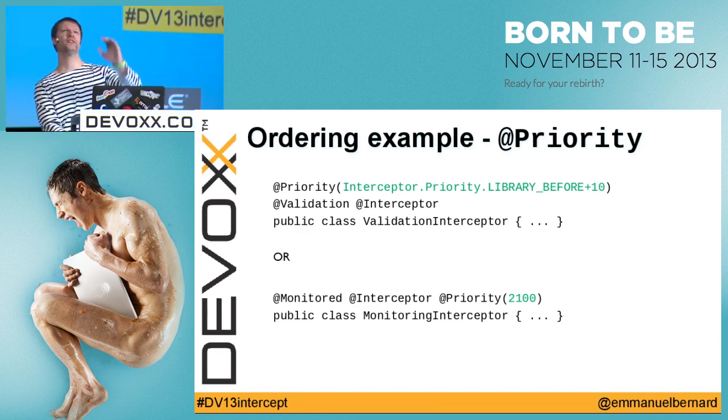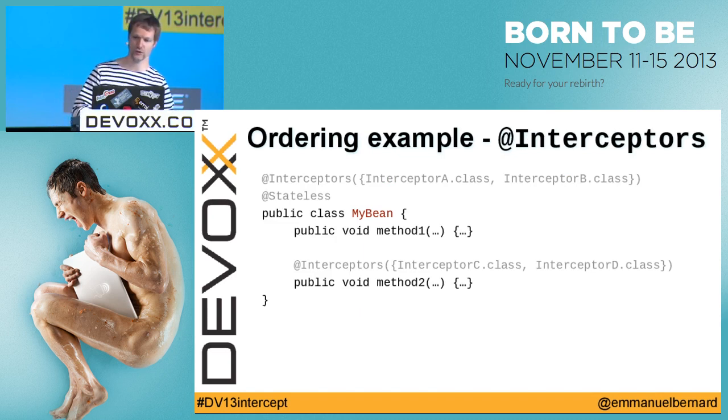So priority is one way to order interceptors when they are using interceptor binding annotations. The other approach you can use, and have been able to use for a long time, is the notion of add interceptors, which is literally a list of classes that correspond to the interceptors you want to execute. And because it's a list, it's ordered.